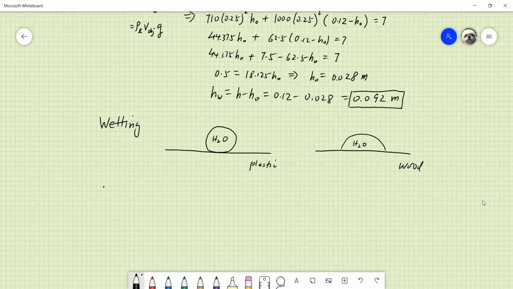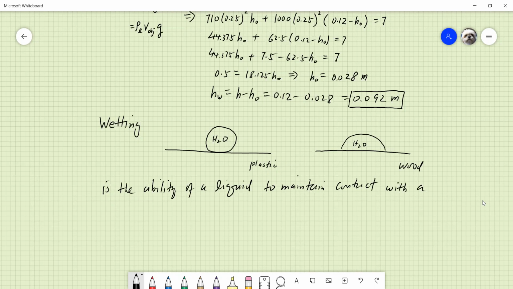Wetting is the ability of a liquid to maintain contact with a solid surface, resulting from intermolecular interactions.